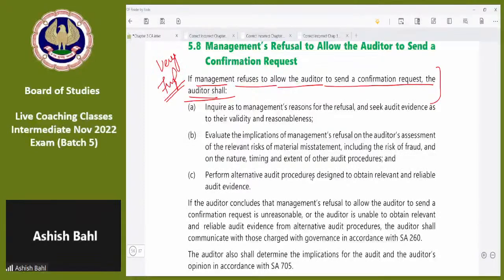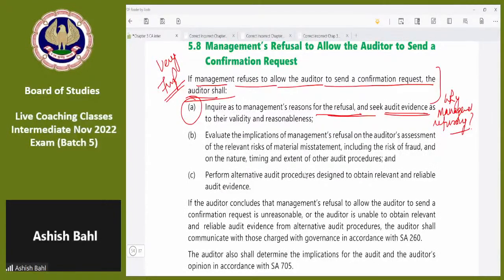These are the 3 steps which the auditor shall take. First thing is to inquire why management is refusing. He has to inquire why, because by inquiry he might come to know about certain genuine reasons. Say out of 10 parties, the management may provide addresses of 9 parties and not of 1.